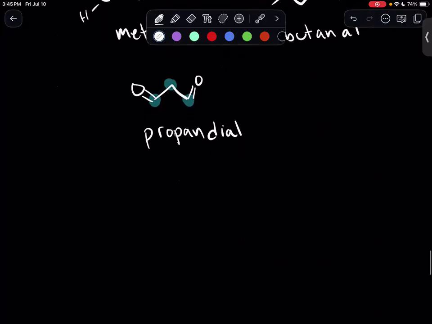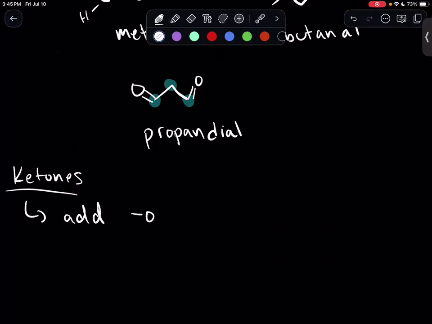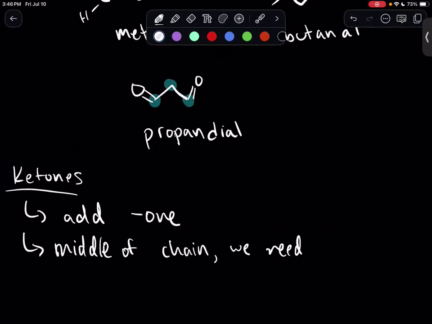All right, moving away from aldehydes and into the other carbonyl, we're going to go over ketones. Ketones, these are going to add the suffix "-one". And of course, you're still removing the E. And because it's in the middle of the chain, we need numbers to denote position.